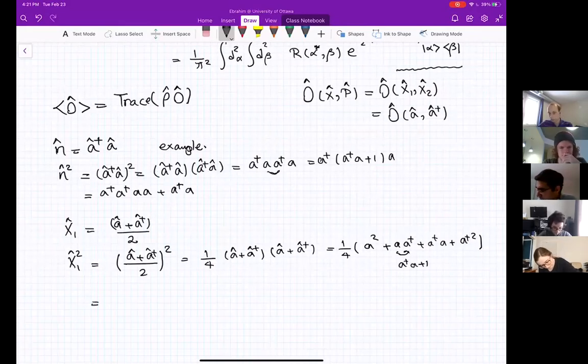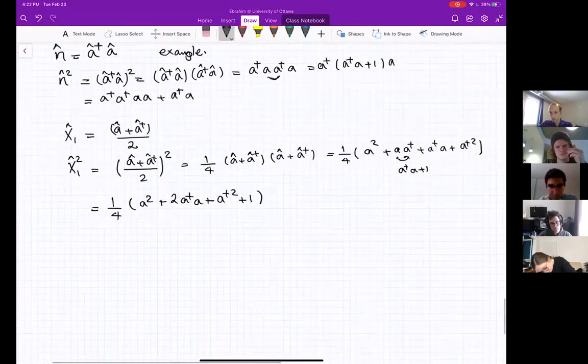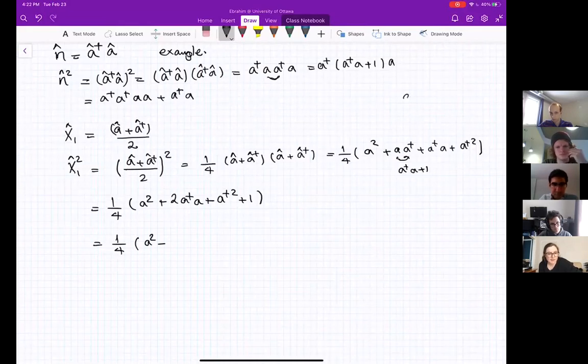Then what we will get is 1 divided by 4, A squared plus 2A dagger A plus A dagger power of 2 plus 1. Or I can write it as 1 divided by 4 A squared... A A dagger minus A dagger A is equal to 1.